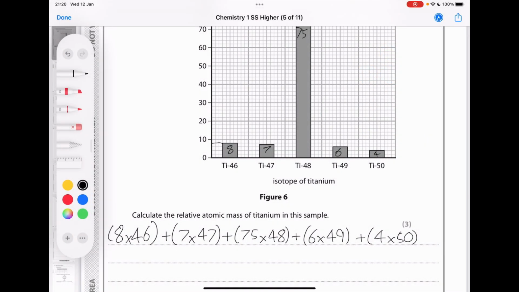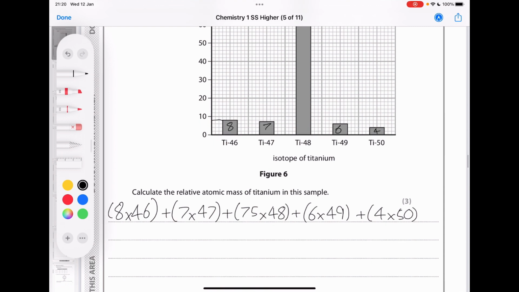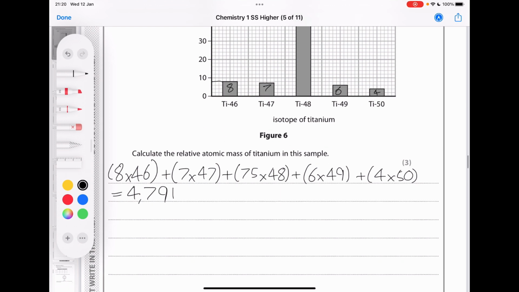And if you put that into a calculator, that gives me an answer of 4,791. That has got me the first mark.